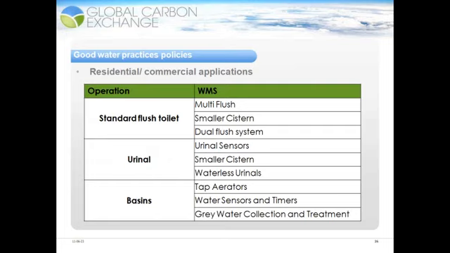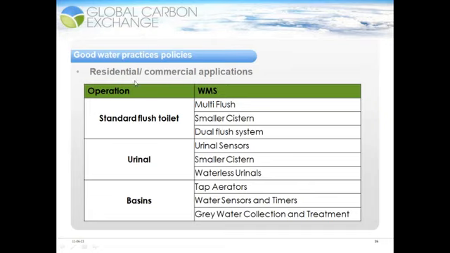Otherwise, for those that don't want to install sensors and still have the automatic system, you can maybe look at, once again, installing a smaller system to reduce the amount of water which is flushed through the urinal system. Other than that, ideally, there are waterless urinals which don't use any water at all. Waterless urinals often will also give you a very good return on investment due to the fact that they don't use any water and use other methods to get rid of any urine that enters the system.